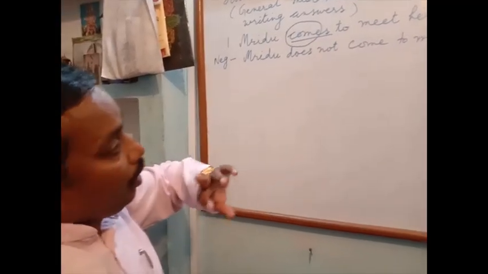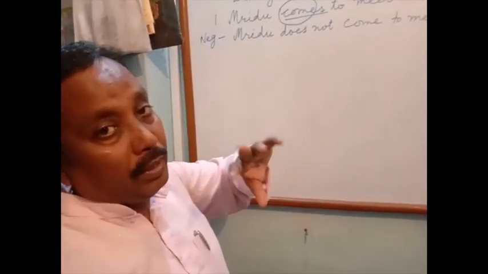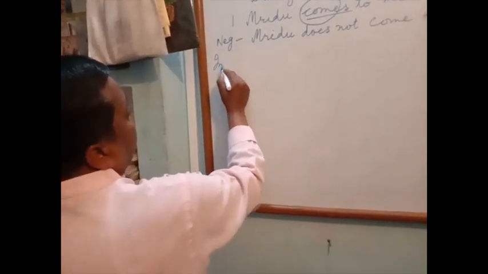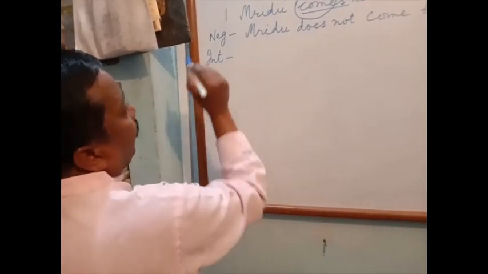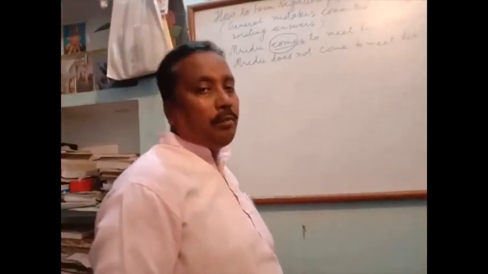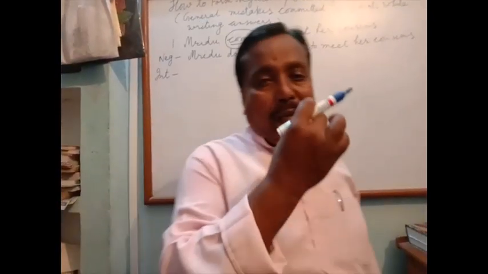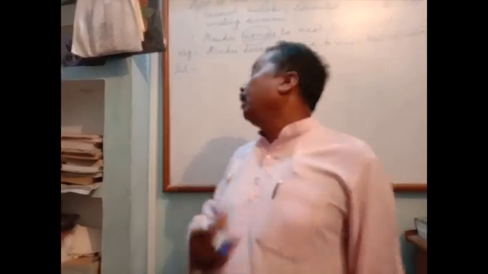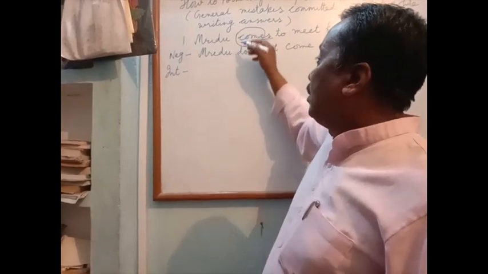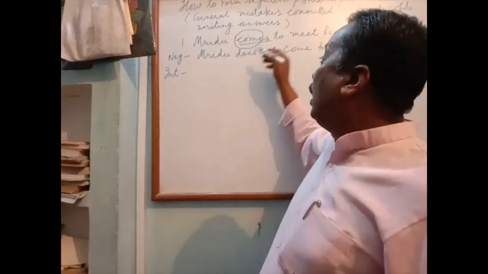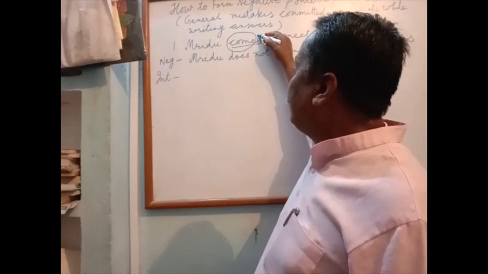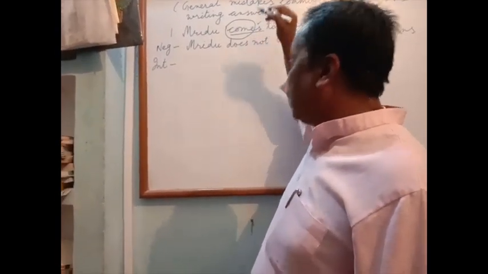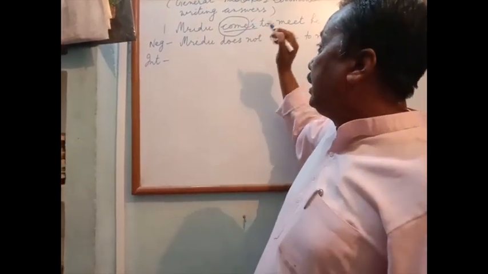Now, how do we make an interrogative? How do we form an interrogative? The helping verb comes before the subject. Here there is no helping verb, only the main verb, and we find V5 comes. So what is hidden here? Does. Does is hidden.